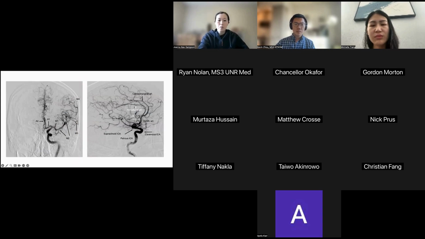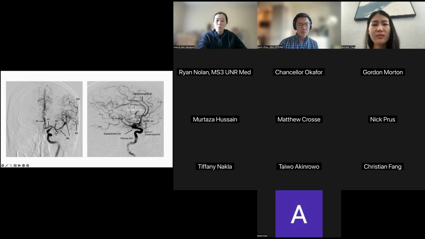So here are two cerebral angiograms. On the left is an AP view, looking at the patient from an AP direction. And this is a lateral view, looking at the brain from the side. So we have the ICA; the terminal ICA divides into the MCA and the ACA.